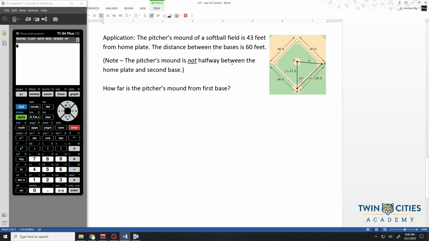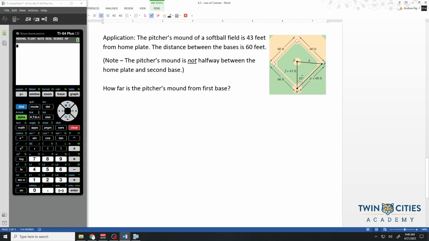Well, based on the information that I'm given, I know that this length is 43 feet and this length is 60 feet. The angle here is 45 degrees because this is a straight vertical line, which separates this 90 degree angle, because this is a square, in exactly two.